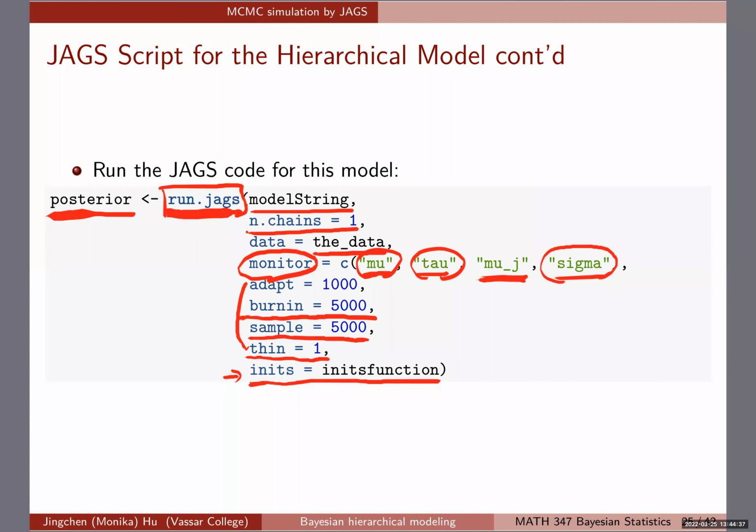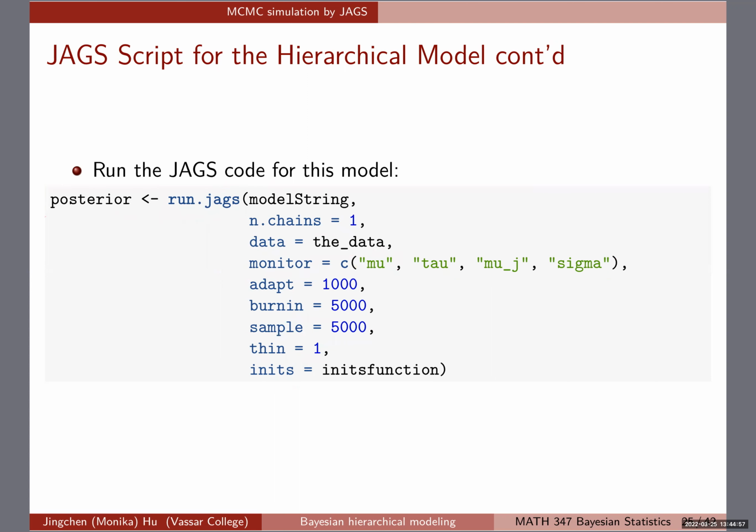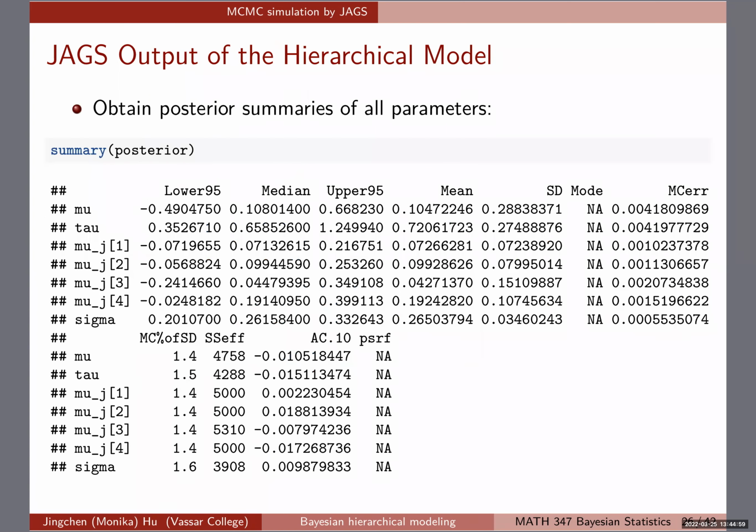This should look similar to what we have done before, but of course, the specific parameters you're trying to monitor, the specific number of burn-in, sample, and thinning, as well as the initial values. We call it initial values, but you can think about it really as a reproducible setup.